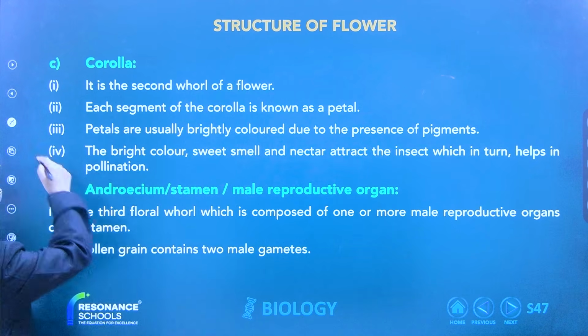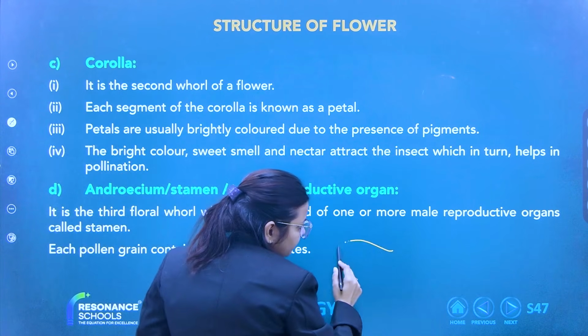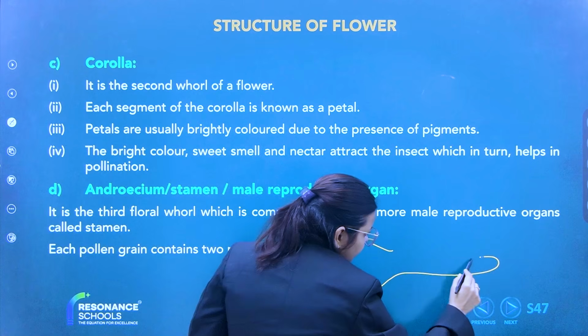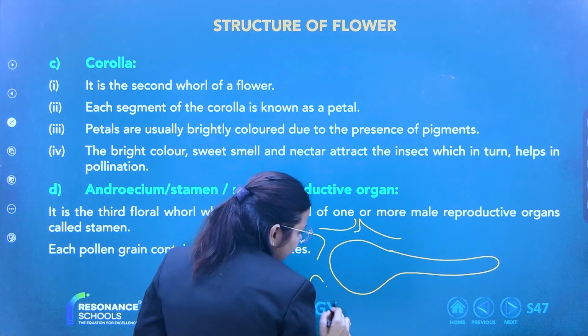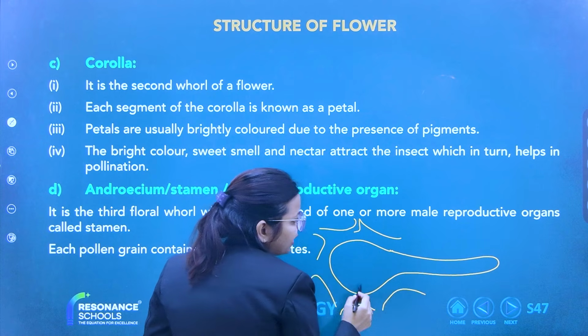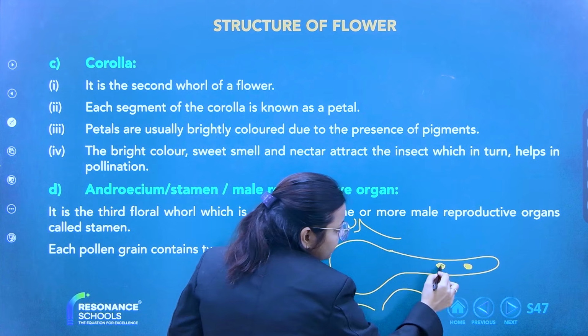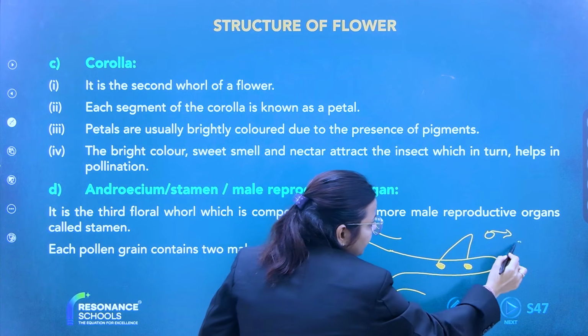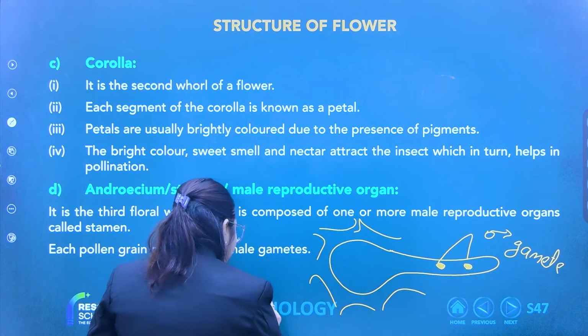If I tell you the brief structure of a pollen grain, it is somewhat like this, and these are the two male gametes. This is your pollen grain.